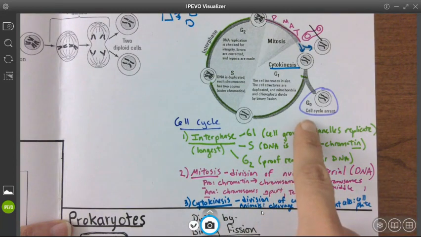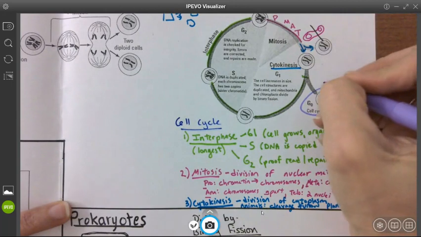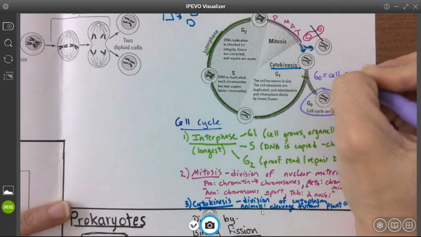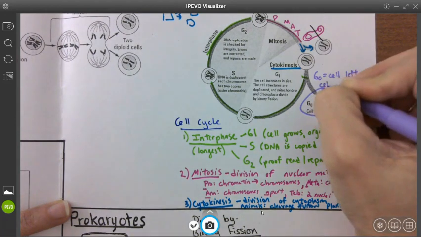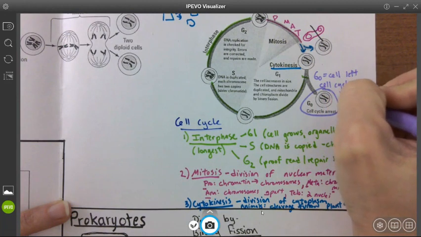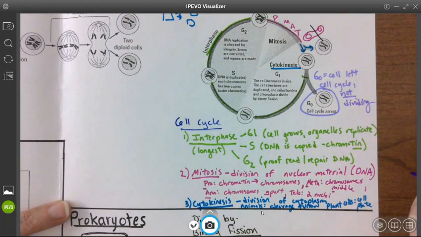If a cell has left the cell cycle to do its job, we say it's in G0, which is separate from interphase. It's outside of the cell cycle. So G0 here is when the cell has left the cell cycle and it's not dividing. This is the phase the cell is in when it's doing its job.